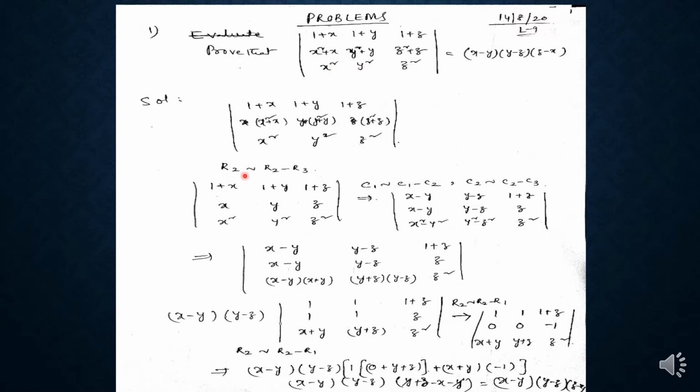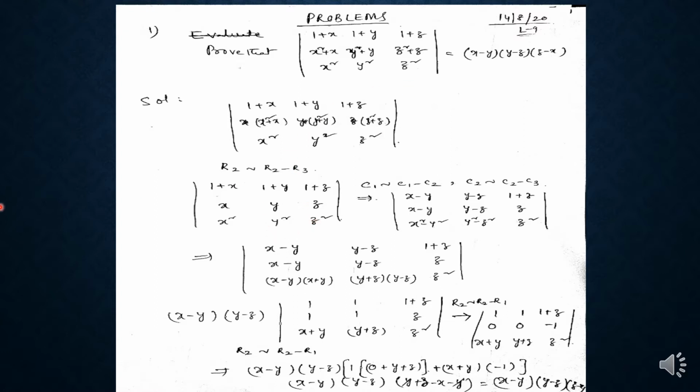Now R2 changes as R2 minus R3. So x²+x minus x² gives x, y²+y minus y² gives y, and z²+z minus z² gives z. So we simplified by applying this second row operation.